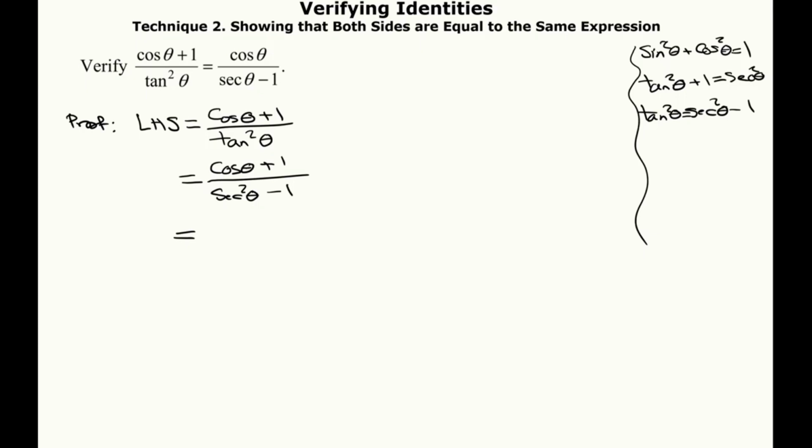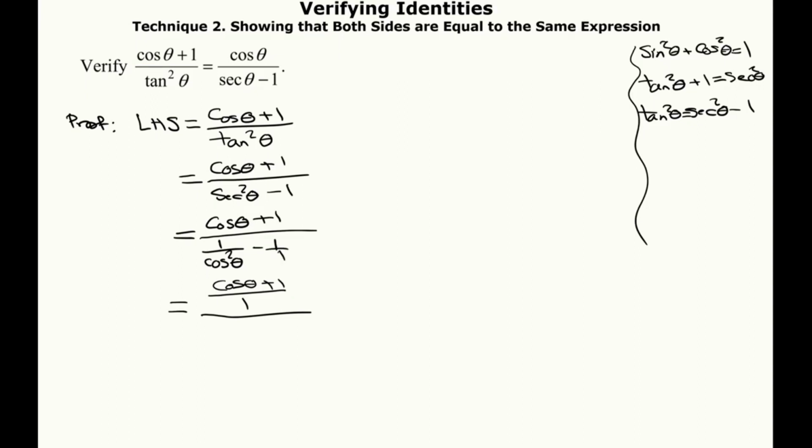So now we go ahead and, again, remember the goal is to see if we can get everything in terms of cosines. So I'm going to replace secant squared with 1 over cosine squared theta minus 1. Now I realize that I can go ahead and write the top as cosine theta plus 1. Let me go ahead and throw a 1 under that so I can create a complex fraction.